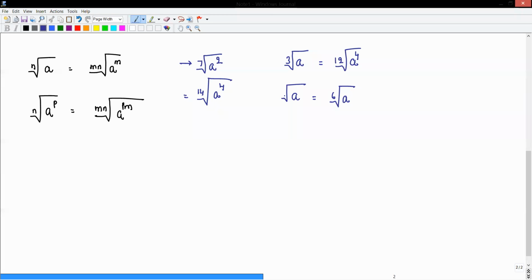Nothing is there means 2 will always be there, so you are just multiplying by 3. So the 6th root of a cube will be your answer. The third root of a is equal to the 12th root of a to the power of 4. Square root of a can be written as the 6th root of a cube. Whatever you multiply here, you apply the same number in the power. That is very important.